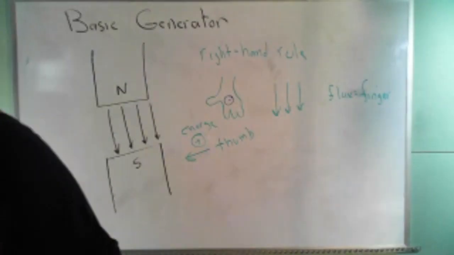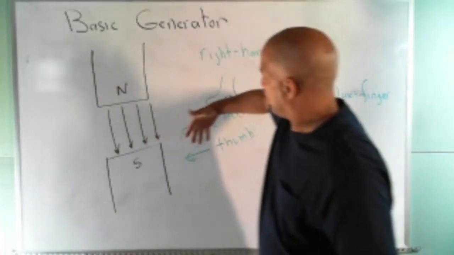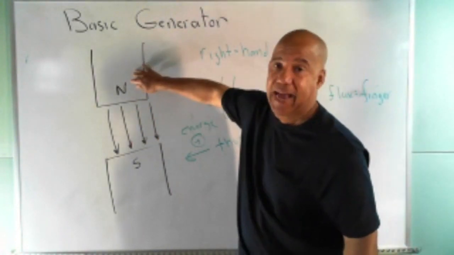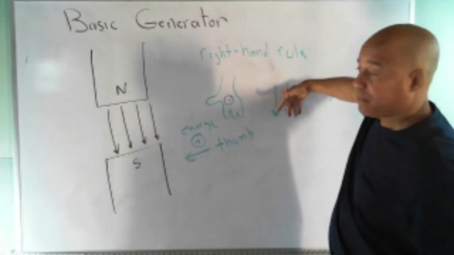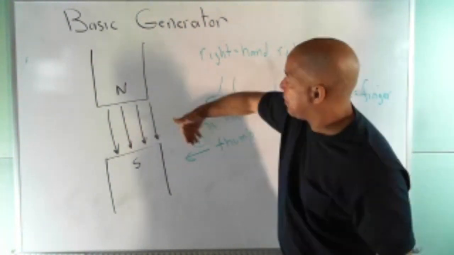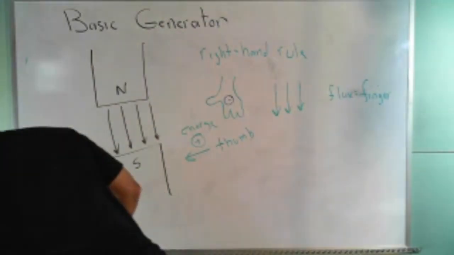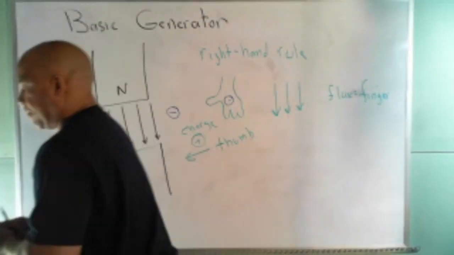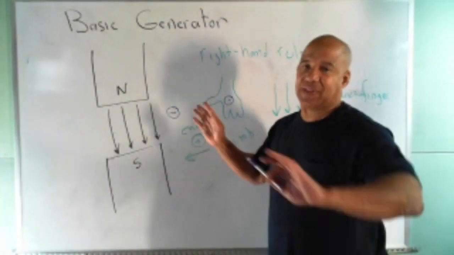So let me actually do it. So here is my right hand. My flux is going down this way for my permanent magnets. So my fingers point in the direction of the flux going down, and my thumb in the direction of the charge. So the charge is moving that way. Let's say I'm putting an electron there, moving that way. Now actually they use a positive charge, but none of that really matters.